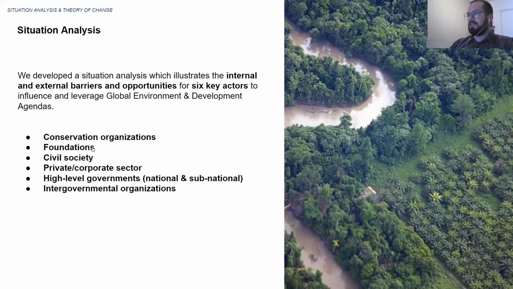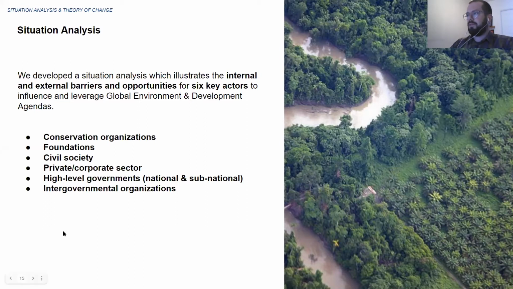Then foundations that support the work of conservation organizations, and civil society that also have a lot of interactions with conservation organizations, and that also, in some countries, elect and put pressure on high-level governments so that they engage with those agendas.